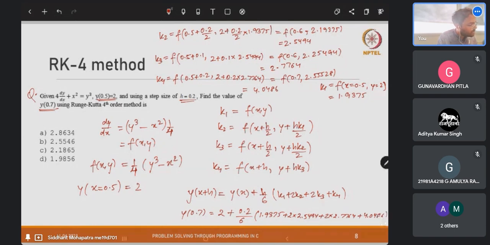Okay, now if you calculate this entire thing, you will get a value which is close to 2.5546.